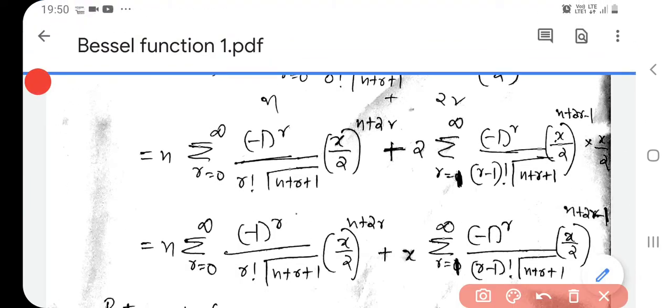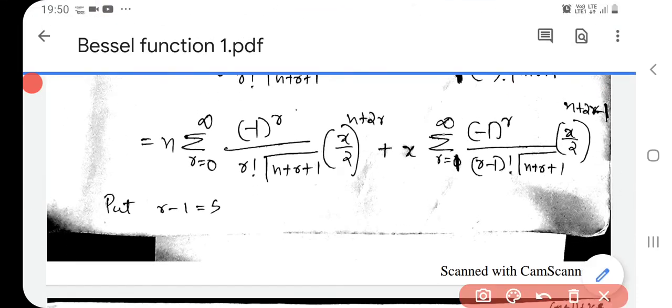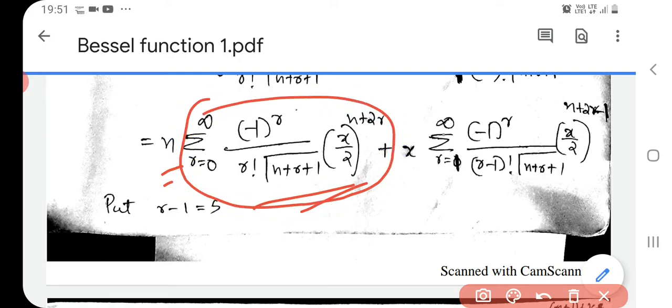So we have this r minus 1 factorial here and an x by 2 here. So this is n sigma r equal to 0 to infinity, and this is basically the Bessel function Jn of x.